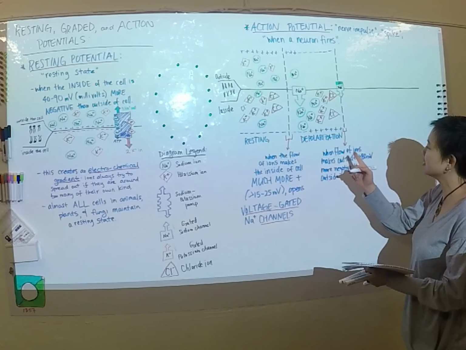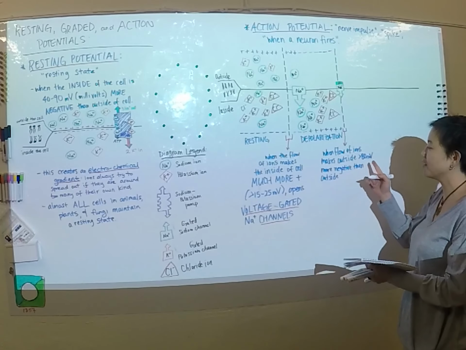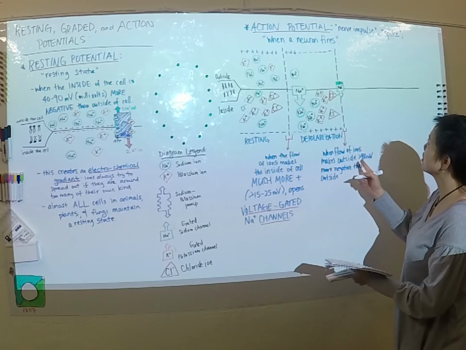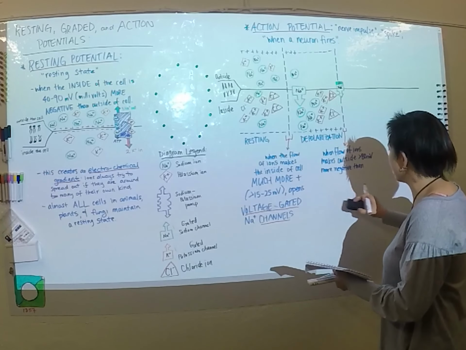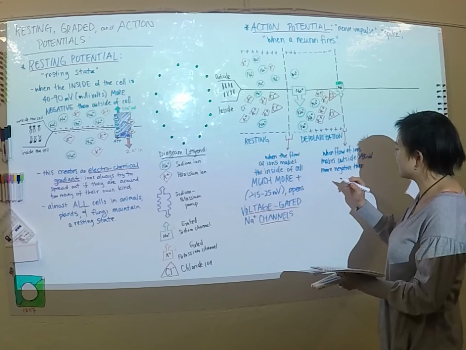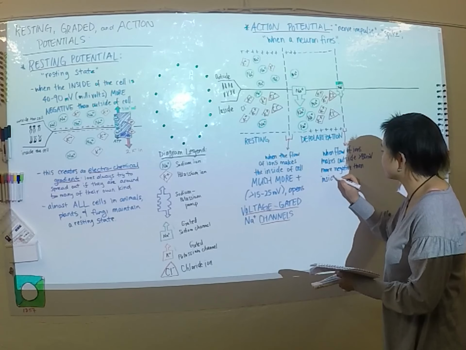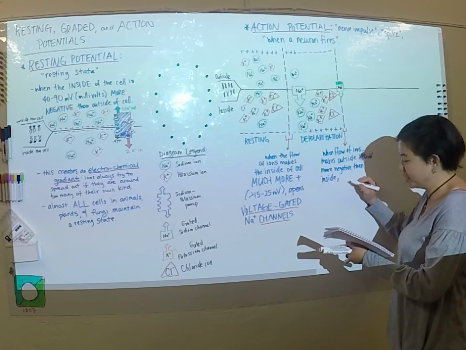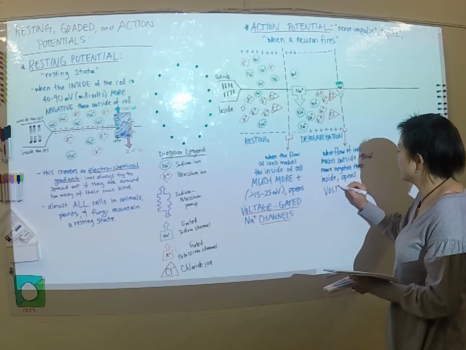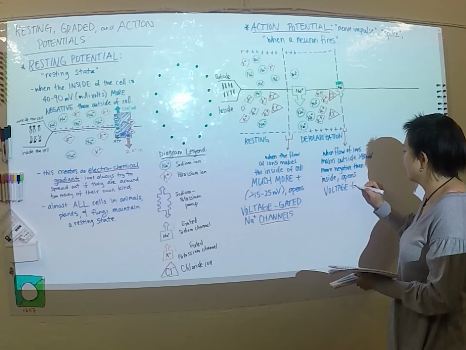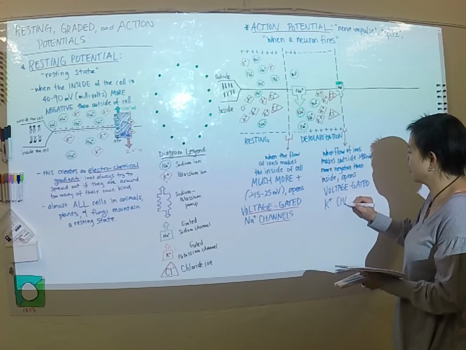So when the flow of ions makes the outside of the cell at least 80 millivolts more negative than the inside, okay? All right. So when the outside gets more negative than the inside, this opens voltage-gated potassium channels.